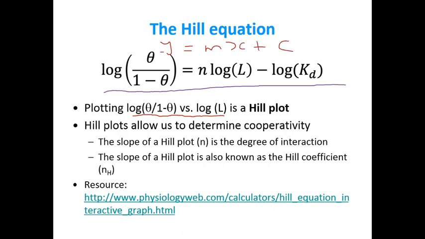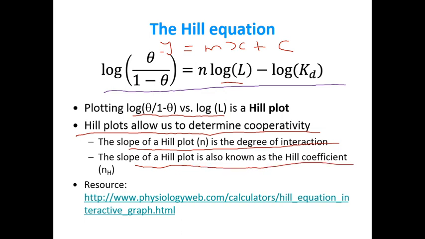Right? If you plot y, which is log theta over 1 minus theta, versus x, you will get a straight line. Right? The Hill plot allows us to determine cooperativity. The slope of a Hill plot is the degree of interaction, and the slope of a Hill plot is also known as the Hill coefficient.